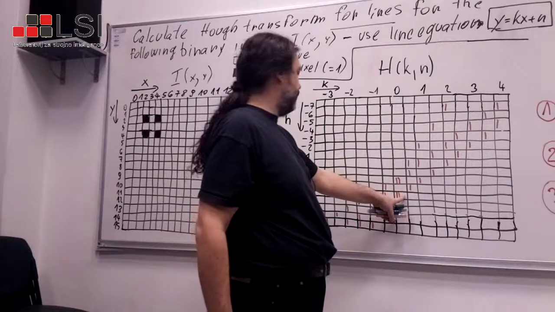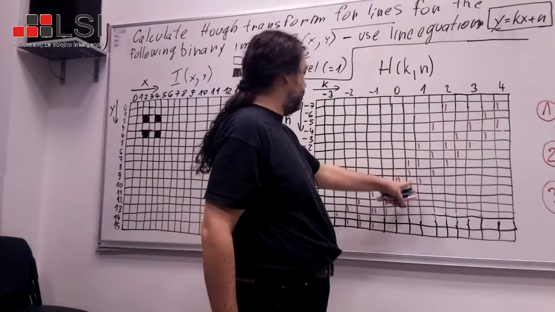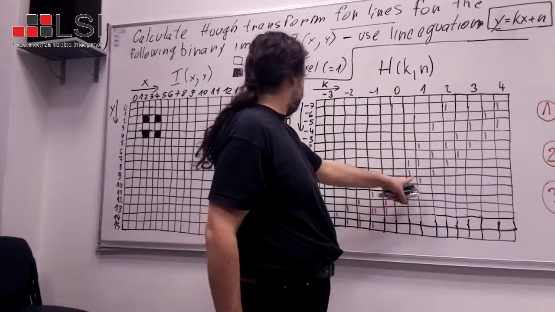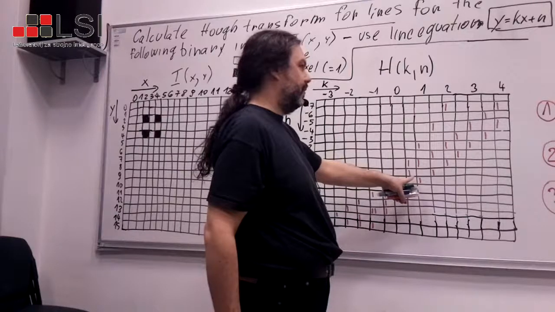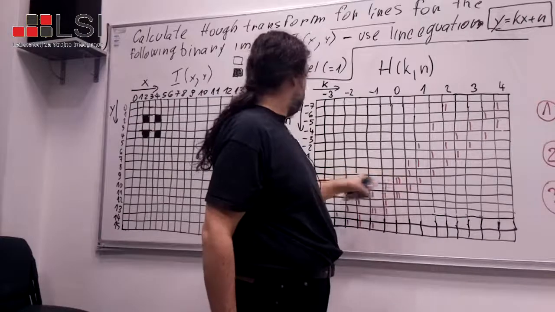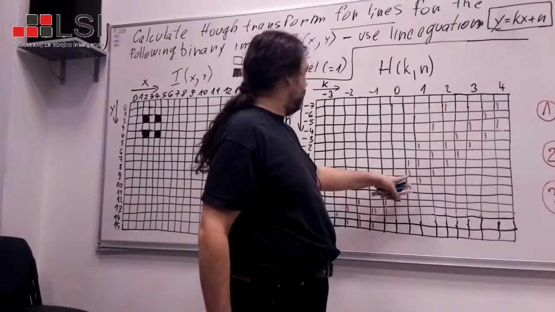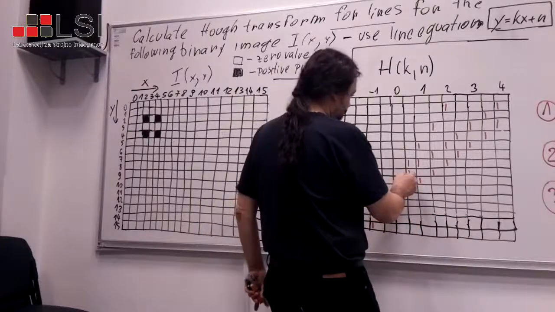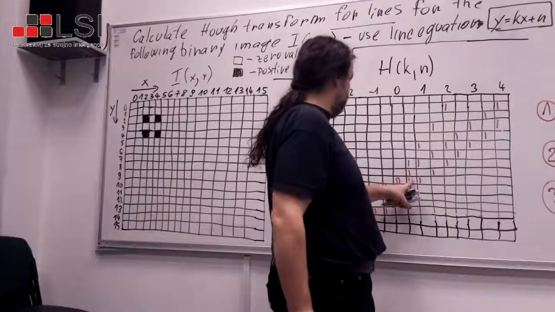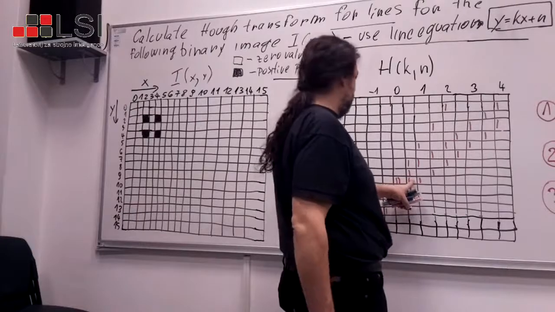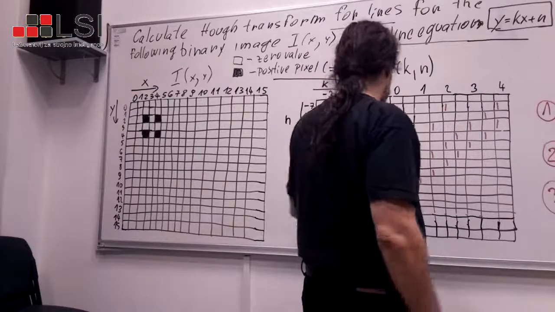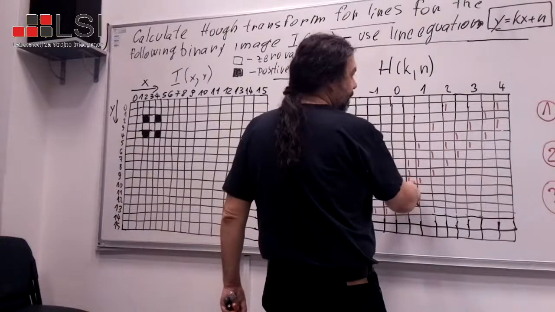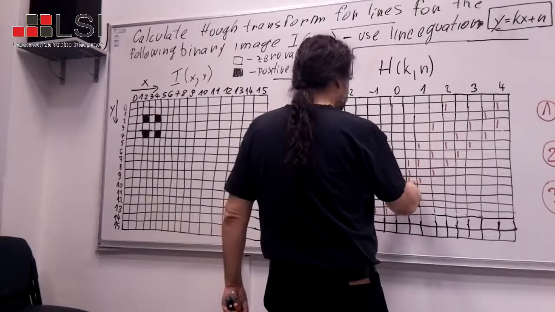Yeah, and then for 0.5, which is this next column, we have the n of 2. So this is this one. And then if we go on like this, for 1, we get 0.